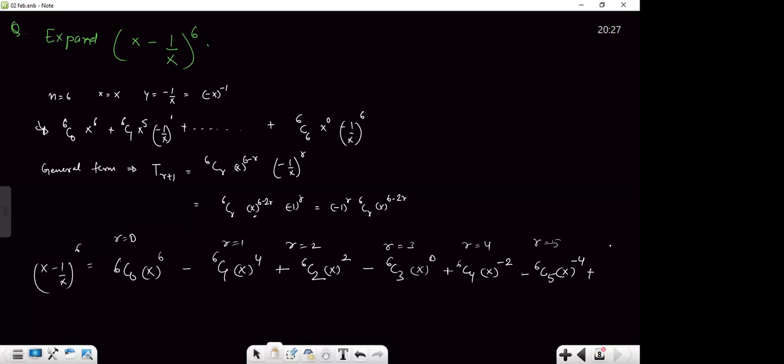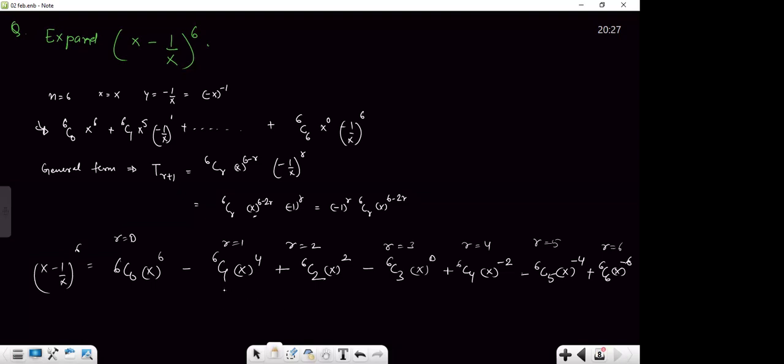Plus, r equals 6, so plus sign, 6C6, that's the last term, x raised to power 6 minus 2 into r, minus 2 into 6, minus 12, that is minus 6. So this is the complete expansion of our term.